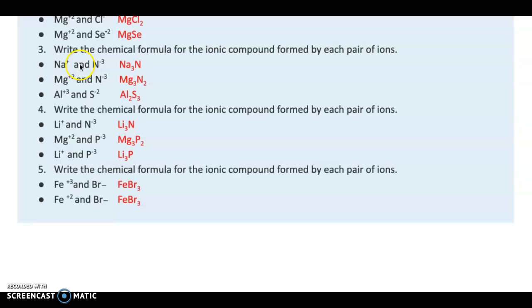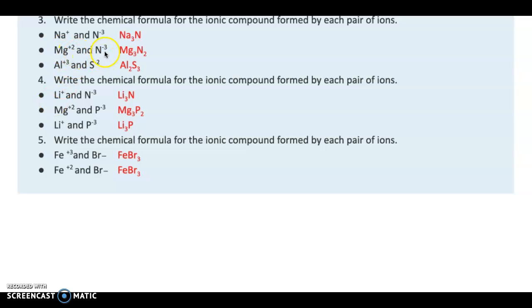So next one is sodium with a charge +1 and nitrogen with a charge -3. Crisscross, sodium gets 3 and nitrogen gets 1. We do not write 1 or charge. Okay, next one is magnesium and nitrogen. Same thing.